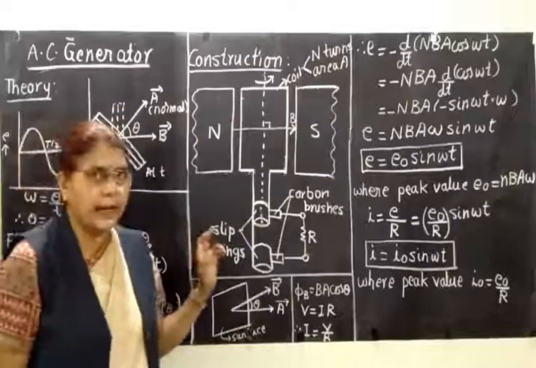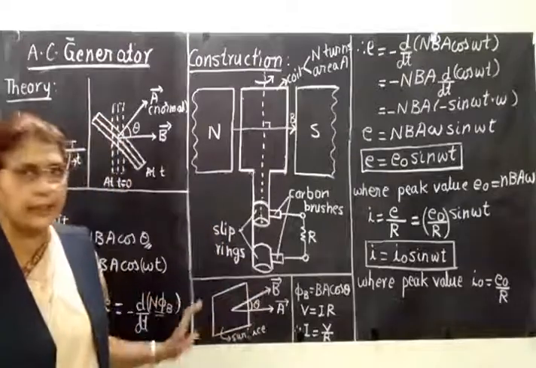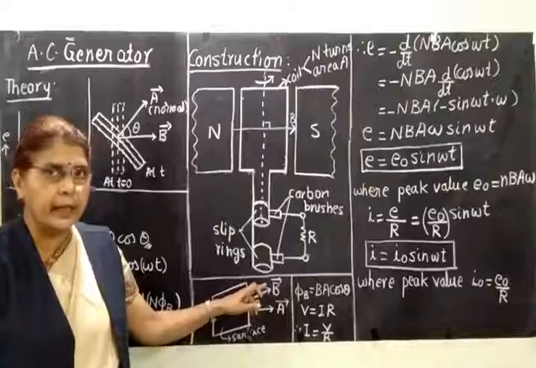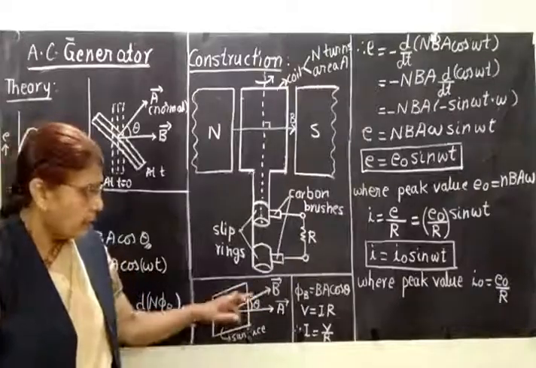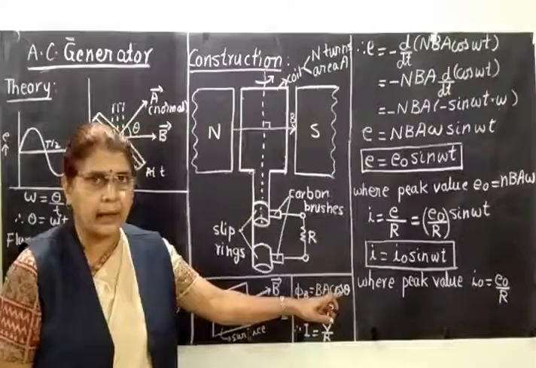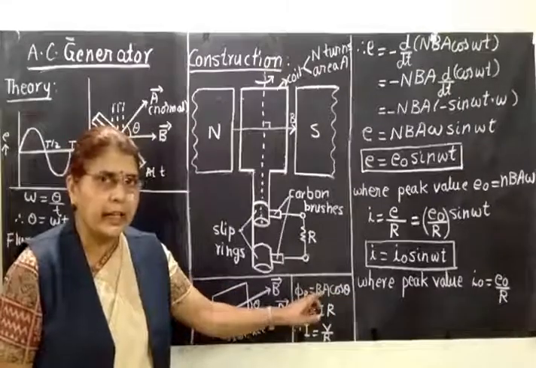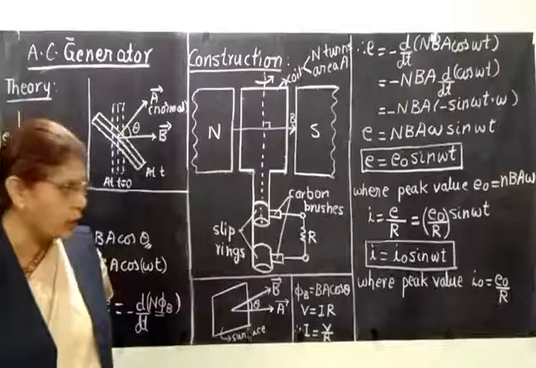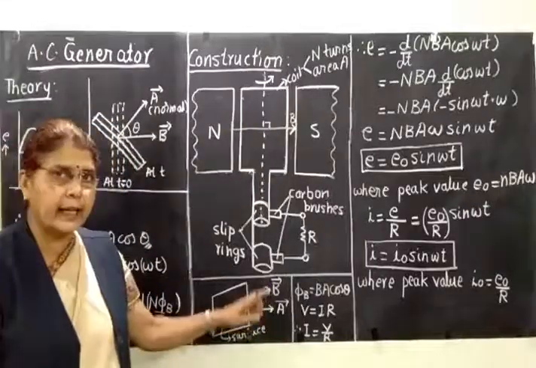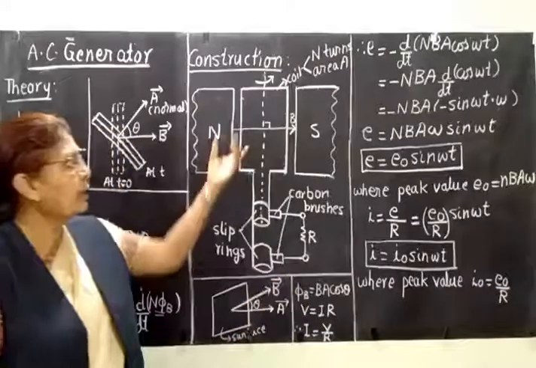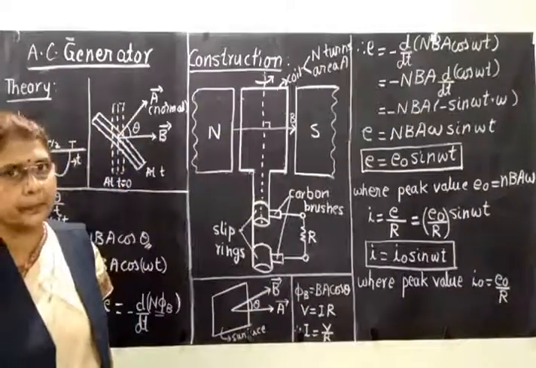Long back I had told you, suppose you have any surface of area A placed in a magnetic field B, then the flux linked with the surface is given as BA cos theta. B is the magnetic field, A is the area vector represented along the outward normal, theta is the angle between A and B. So this expression we are using today to find out the flux linked with the coil.